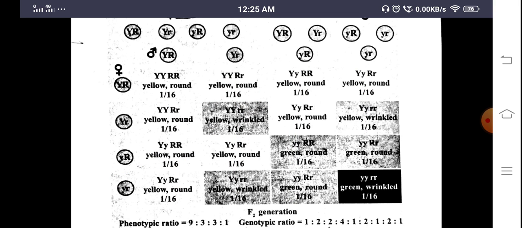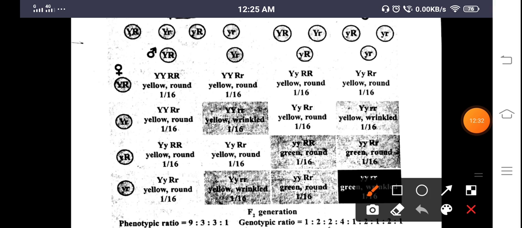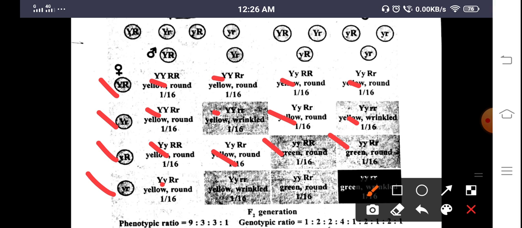In this way each female gamete fuses with male gametes. So in total, how many plants are forming here? Total 16. So from these 16, let us count: 1, 2, 3, 4, 5, 6, 7, 8, 9, 10, 11, 12, 13, 14, 15, 16.